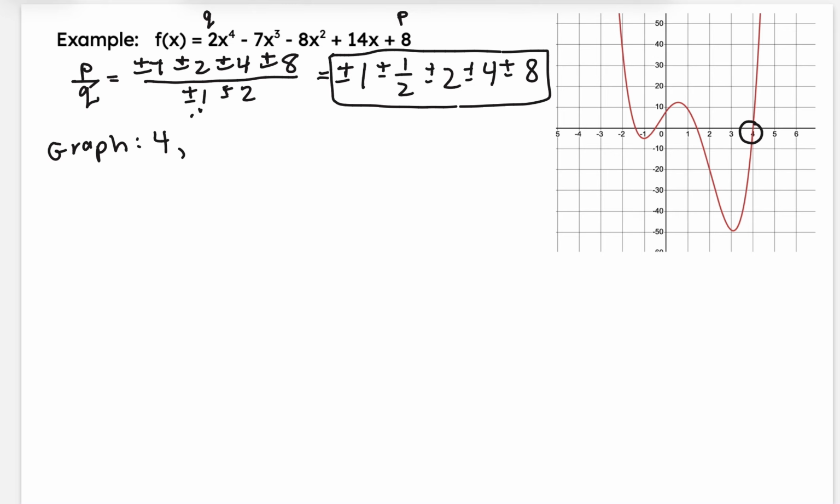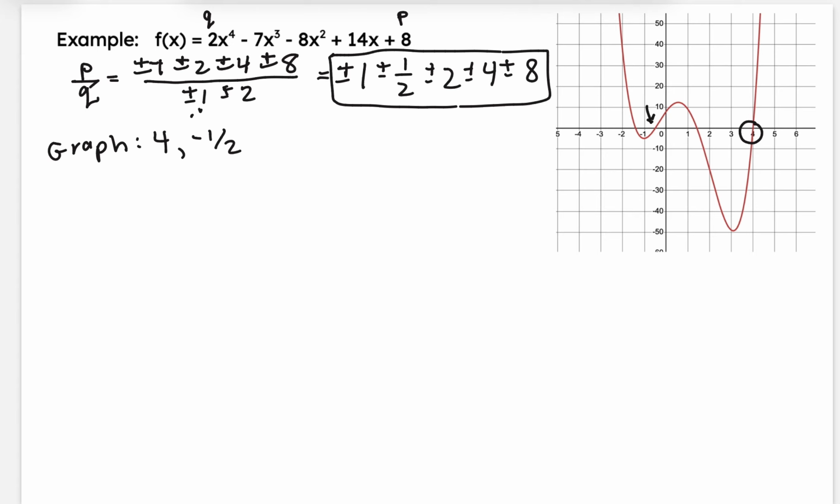Now, the fractions or decimals are going to get a little trickier. I know in my P over Q list, I could have a rational zero at positive 1/2 or negative 1/2. If I look, I don't have one on the graph at positive 1/2, but it does look right there like I could have one at negative 1/2. So I'm going to write that down as a possibility.